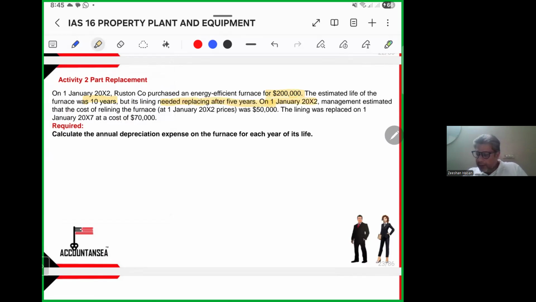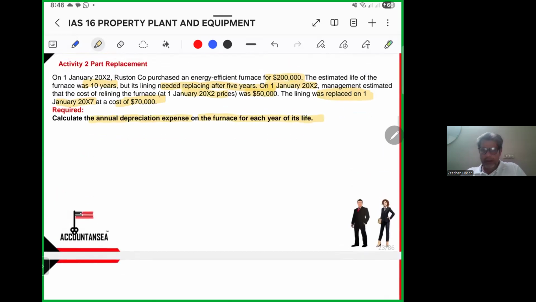On 1st January 2002, the management estimated that the cost of relining the furnace at 1st January 2002 prices was 50,000. The lining was replaced on 1st January 2007 at a cost of 70,000. So they require the annual depreciation expense on the furnace for each year of its life.